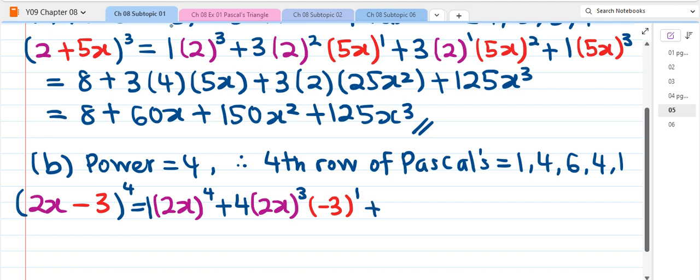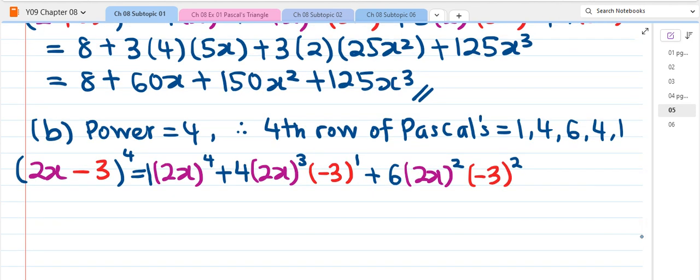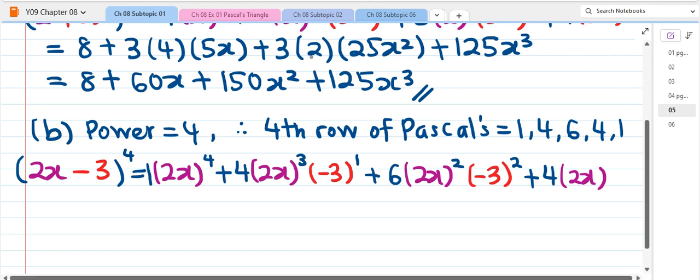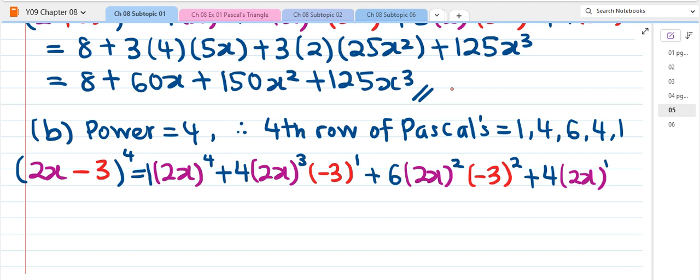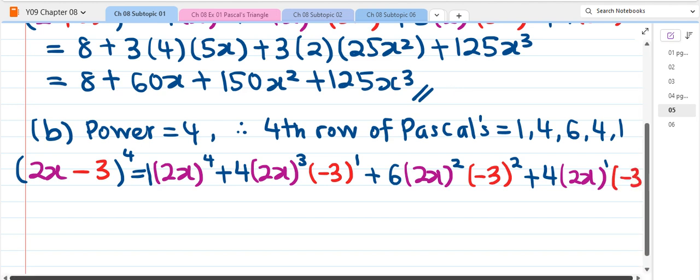Next, the next term will have a coefficient of 6, and the a is 2x to the power of 2, and your b, which is negative 3, will be to the power of 2. And the next term will use the coefficient of 4, and your a will be 2x to the power of 1, and your b, which is negative 3, will be cubed.